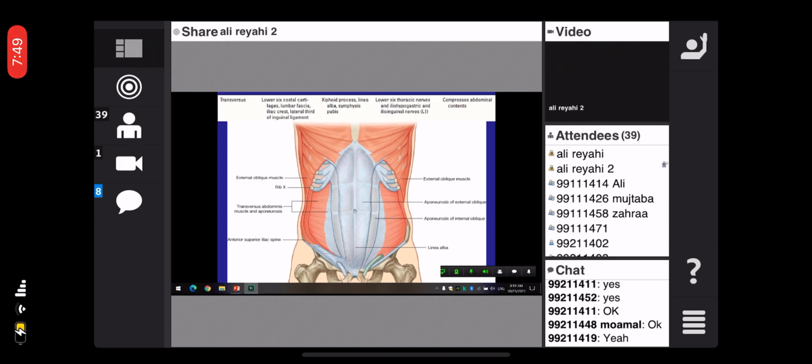On each side of the lumbar vertebra there is the lumbar fascia, and some fibers from the iliac crest, and also from the lateral third of the inguinal ligament, okay? All of this area is a site for origins of the transverse abdominis muscle.